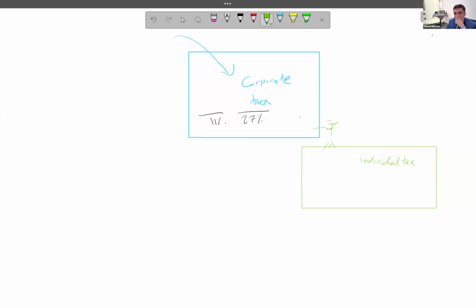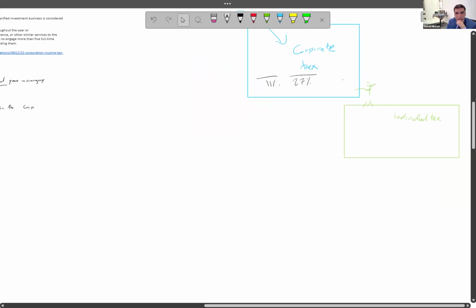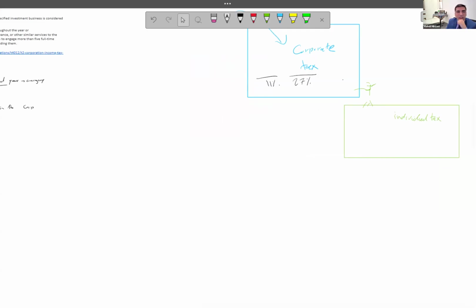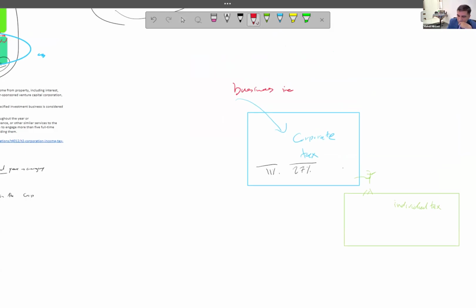So the first thing about corporate tax planning is that the corporation is technically a vehicle to change the nature of your income. So what income goes into the corporation? It's the business income. And from the tax side, we know that personally business income is 100% taxable.